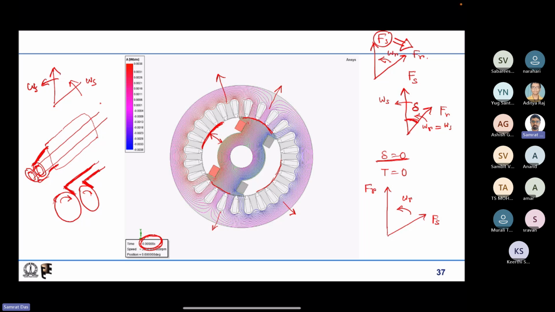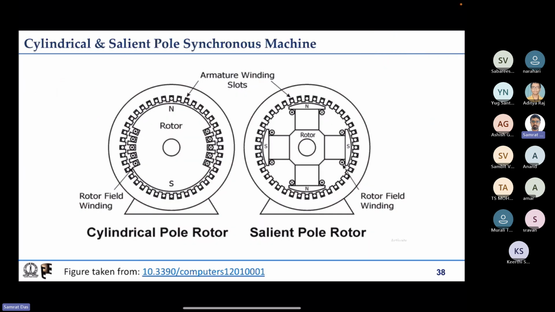This is one realization. But we can also have a cylindrical structure. This is a picture that I show here. The same thing: we can have a north pole and a south pole by putting winding like this. On this side it is dot, here it is cross, so all the dots and crosses appear like this, and the effective magnetic field becomes like this.